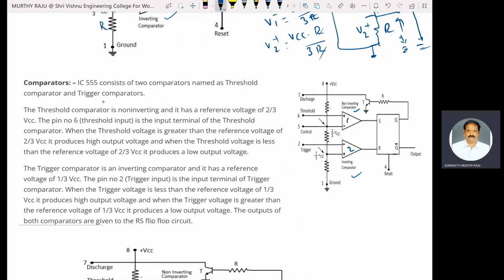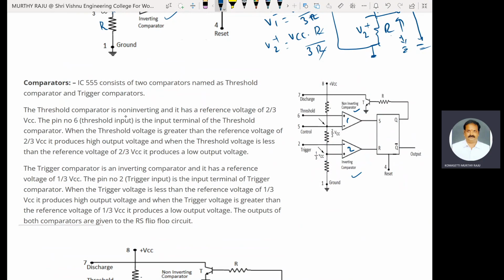Comparator 1 is called a threshold comparator because threshold is applied to the plus, that means the non-inverting terminal of comparator 1. That is the reason it is called a threshold comparator. The second one is called a trigger comparator. The trigger voltage or trigger pulse is applied to the inverting terminal of comparator 2.